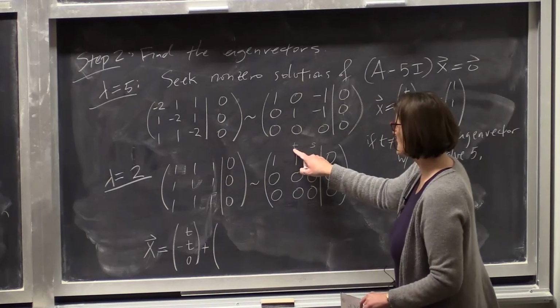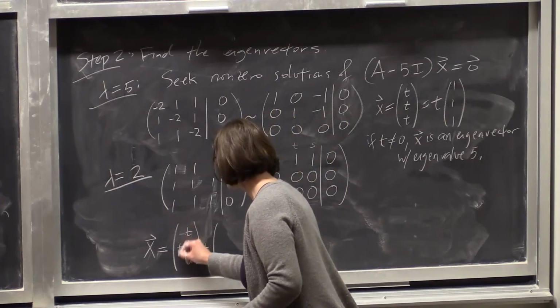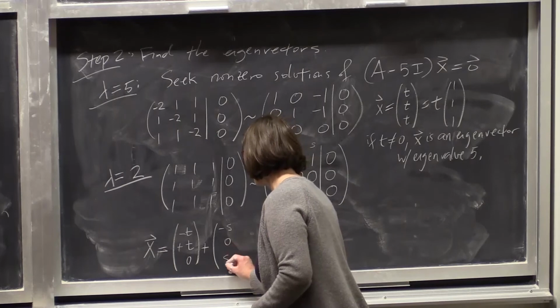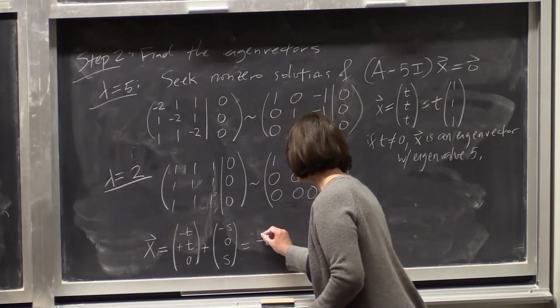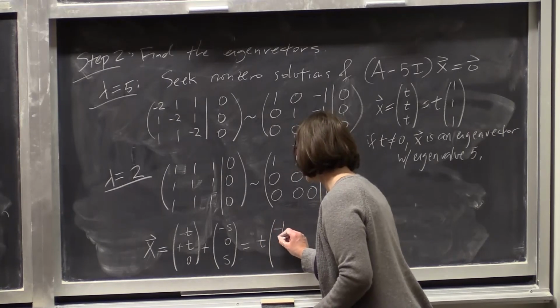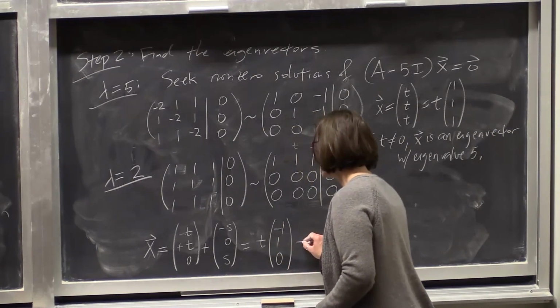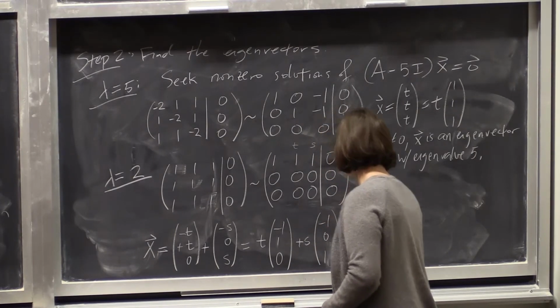Here I would take t to be 0, and I would leave s, and sorry, minus t plus t. Here I would get minus s, 0, s. So that is t times minus 1, 1, 0, plus s times minus 1, 0, 1.